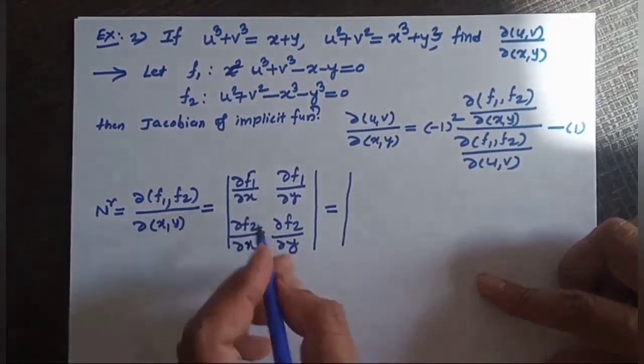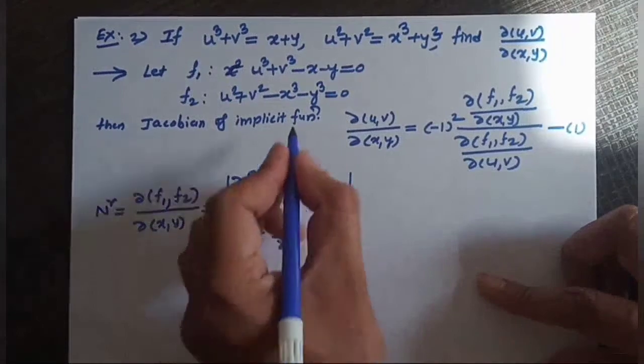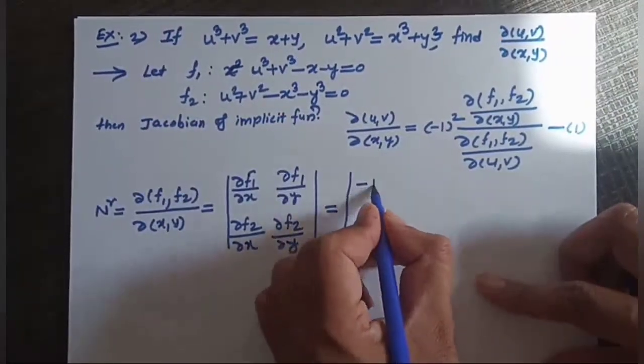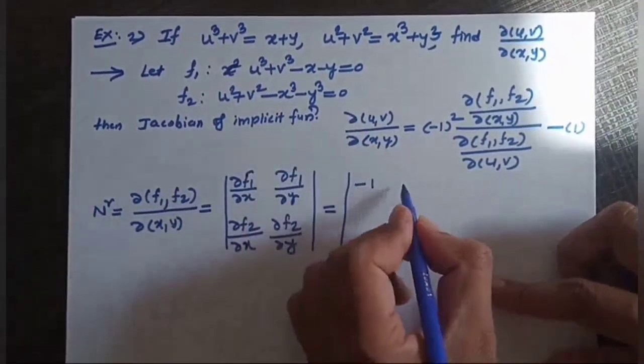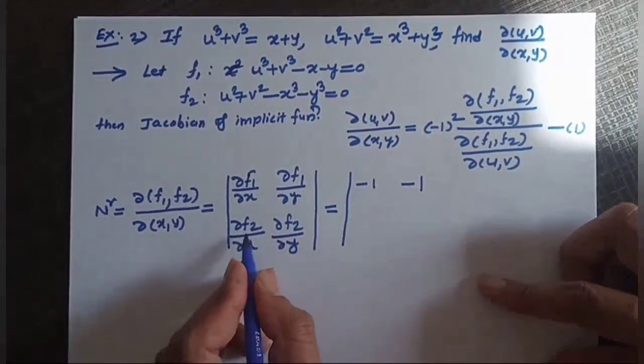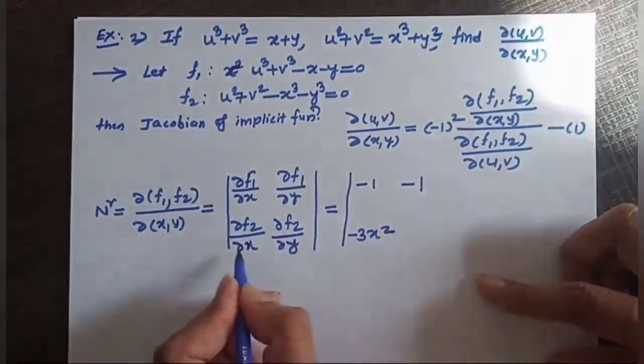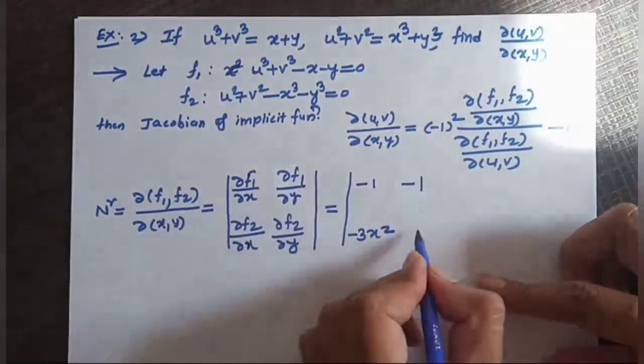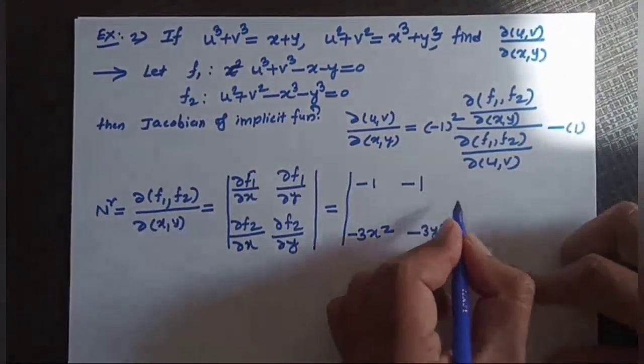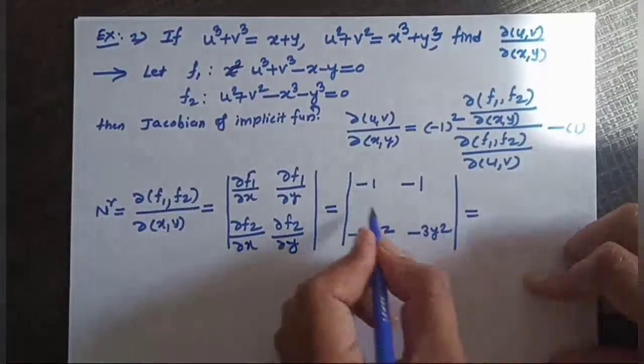What is the differentiation of f1 with respect to x? The derivative of f1 with respect to x is minus 1. The derivative of f1 with respect to y is minus 1. f2 with respect to x is minus 3x square, and f2 with respect to y is minus 3y square. Solve this determinant.